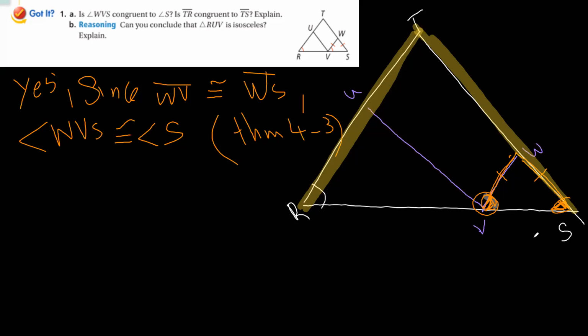Teacher, I say that they are not congruent because there's not enough information. Okay. Me too, I say there's not enough information. Me too.